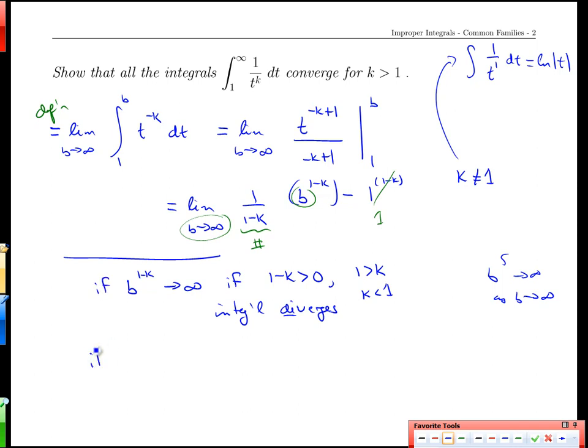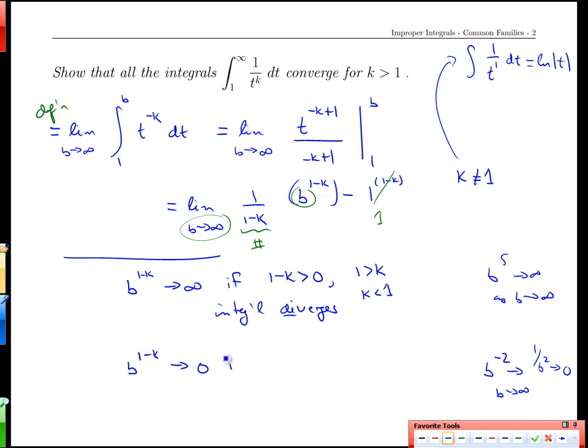Then the other scenario would be if we had something like b to the minus 2. Well, if b is going towards infinity, we have larger and larger bases to the power negative 2. Well, that's like 1 over b squared. Well, that's going to go towards 0. Different scenario entirely.